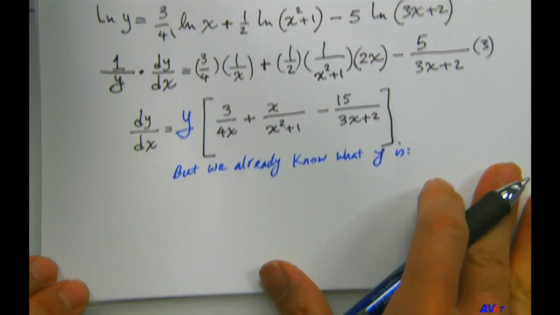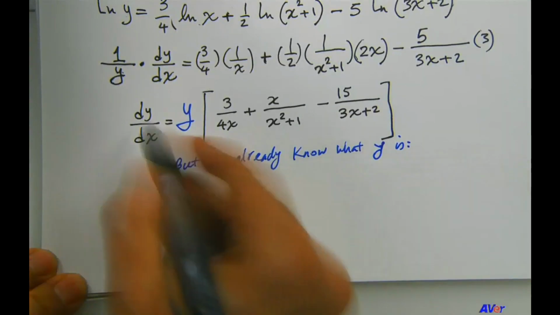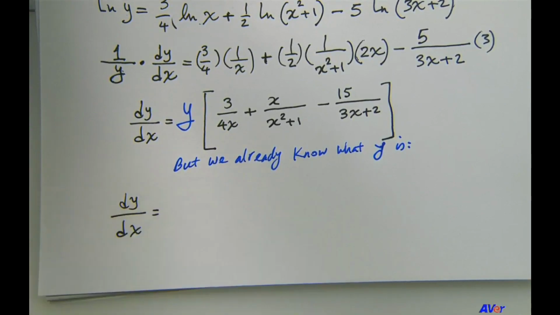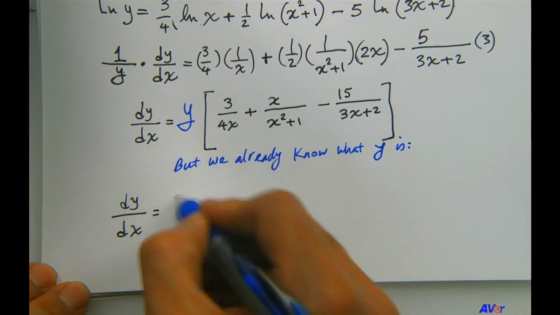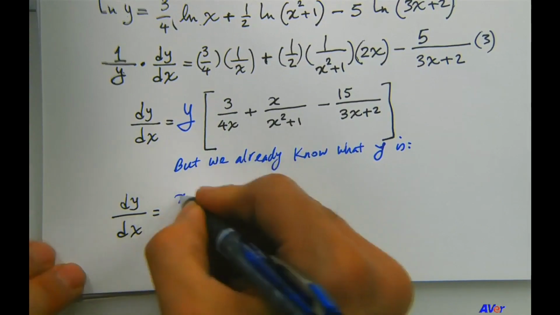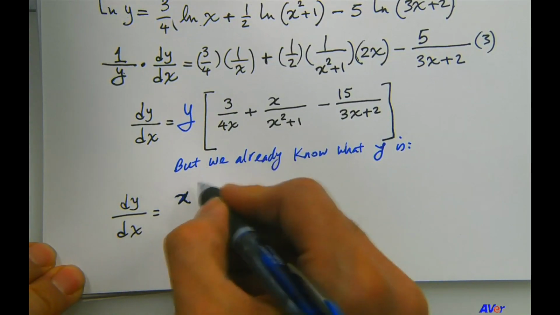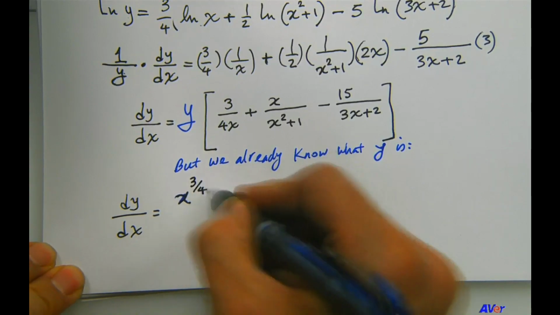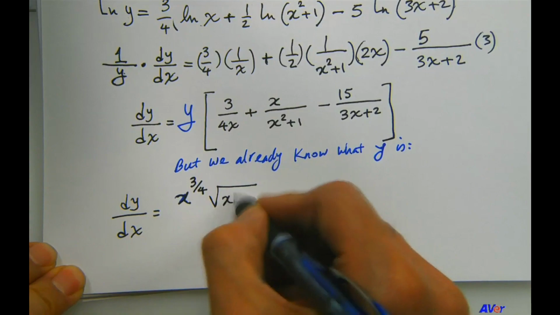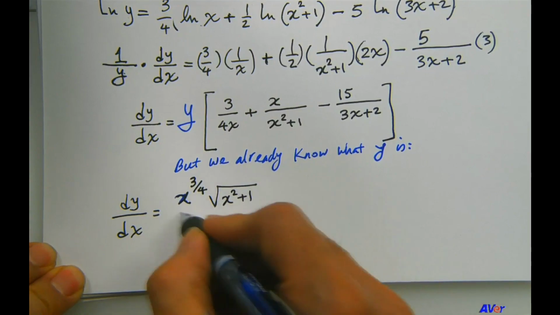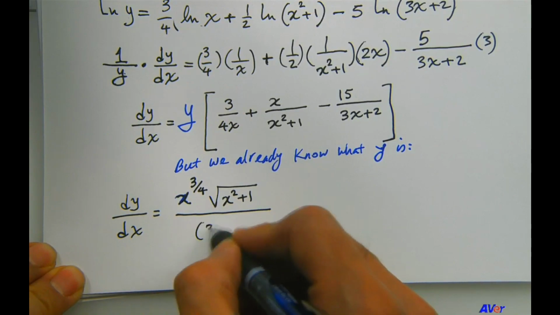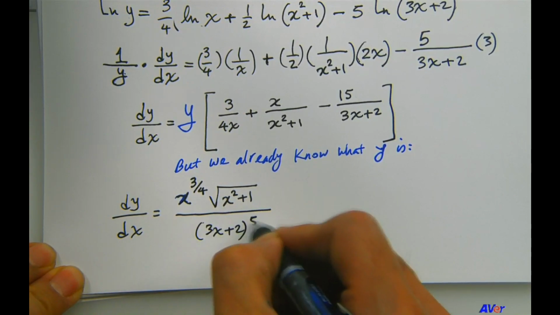We end up with dy dx equals all of that expression that we had, x to 3/4 power, excuse me, x to 3/4 power times square root of x squared plus 1 divided by 3x plus 2 to the 5th power.